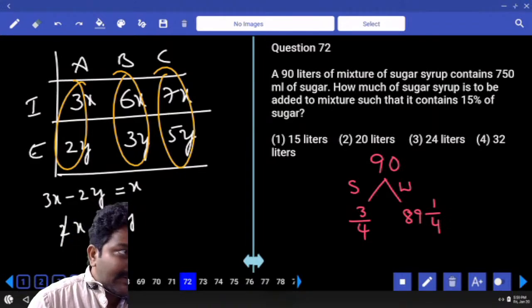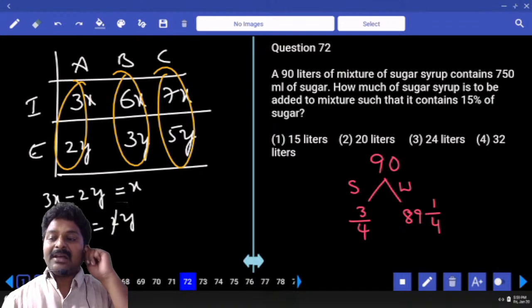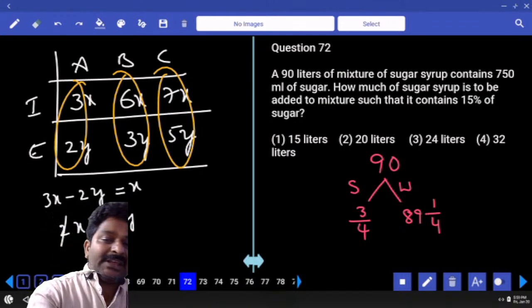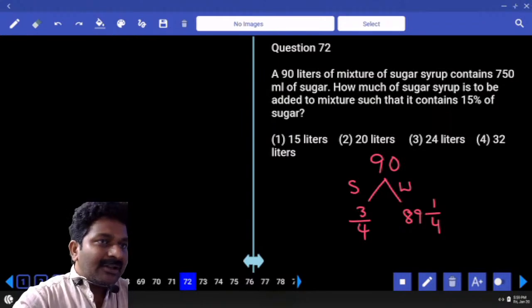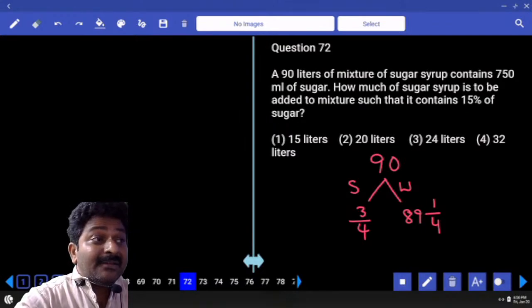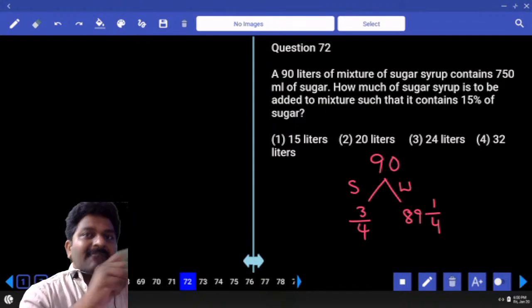Now the question is, how much sugar is to be added to the mixture so that it contains 15% sugar? For these types of questions, you must start with a variable which you are not changing. What is the quantity you are adding? Sugar. Then what is constant? Water. Start with the water.